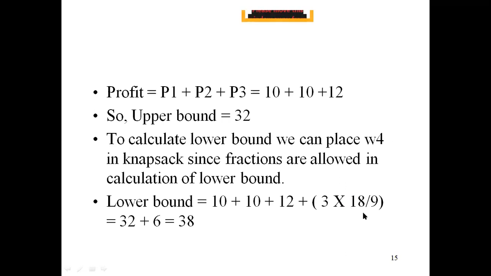See in the table, 18 is the profit of the fourth object, divided by 9, that is the weight of that particular object, multiplied by 3. Only 3 kgs remain. So total 38.